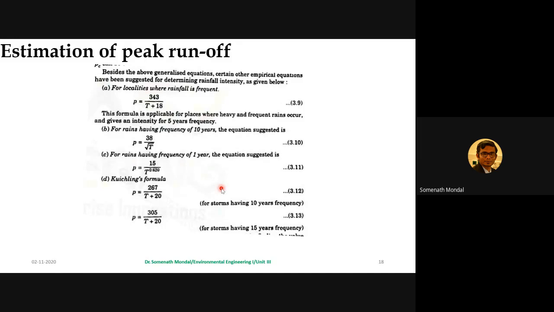But you have to remember that they all are empirical equations. They are not very reliable if one of the parameters gets changed. Therefore, while designing stormwater drains in modern days, we generally tend to avoid such equations.